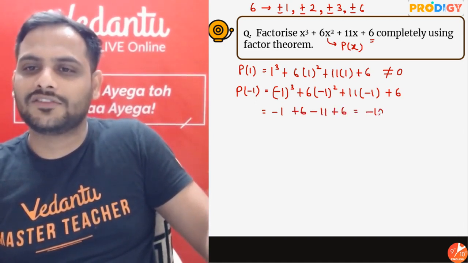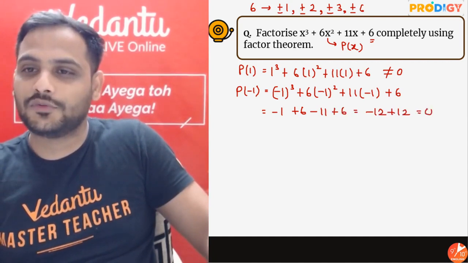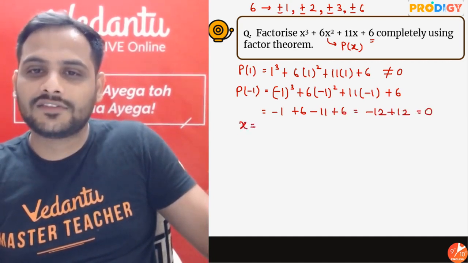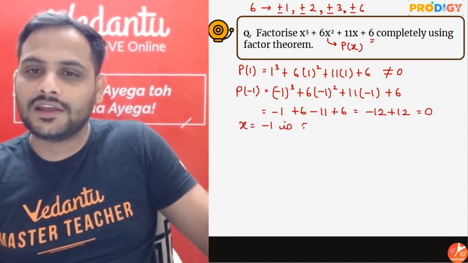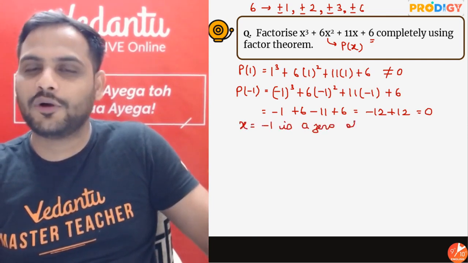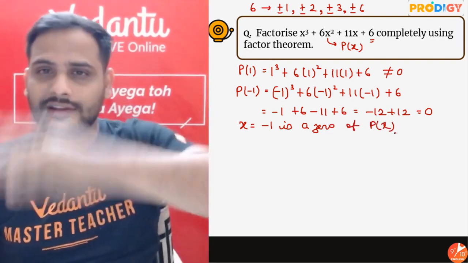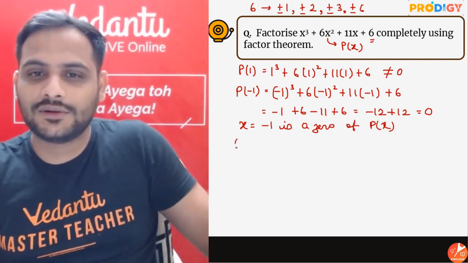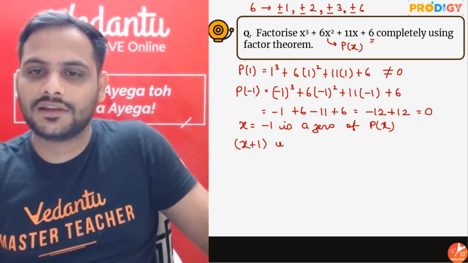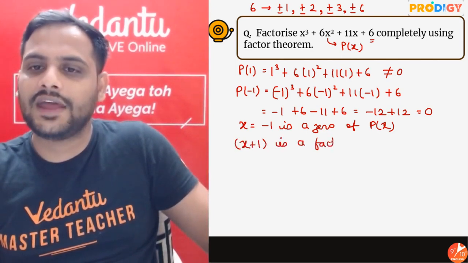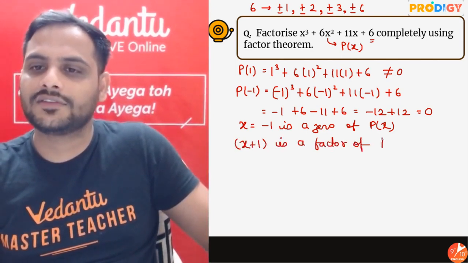So you got minus 12 plus 12, which is equal to 0. That means x equal to minus 1 is a zero of this polynomial. And if it is a zero of this polynomial, what will be the factor? Shift minus 1 over there, beta. You will get x plus 1 is a factor of p of x.